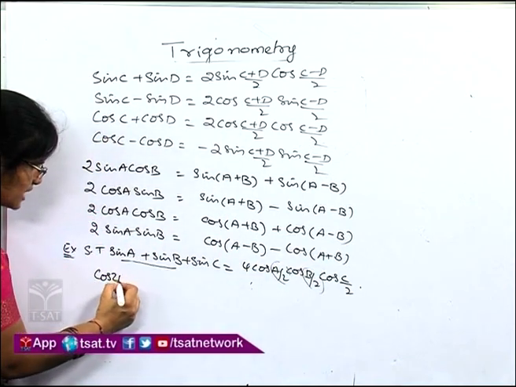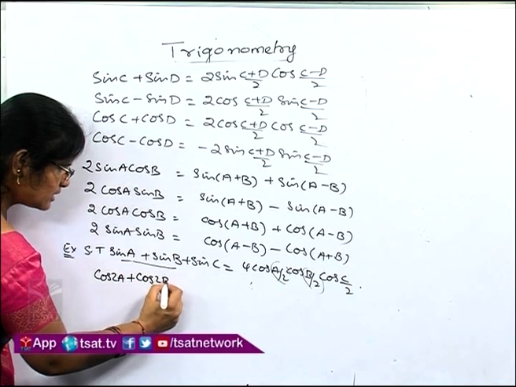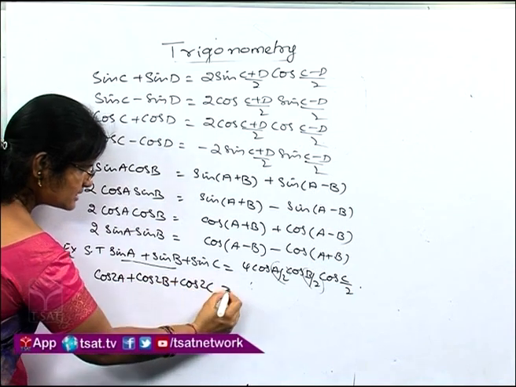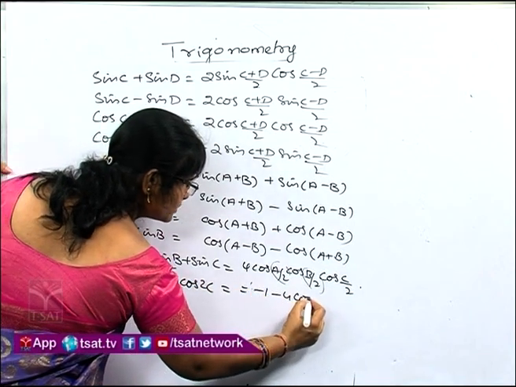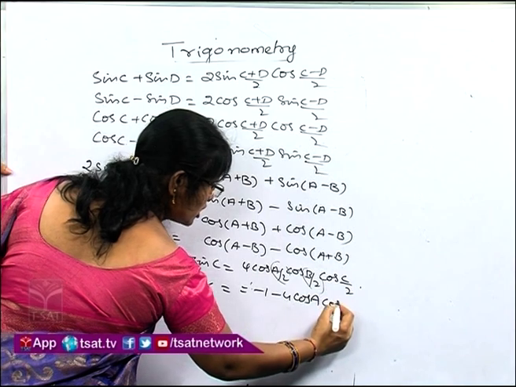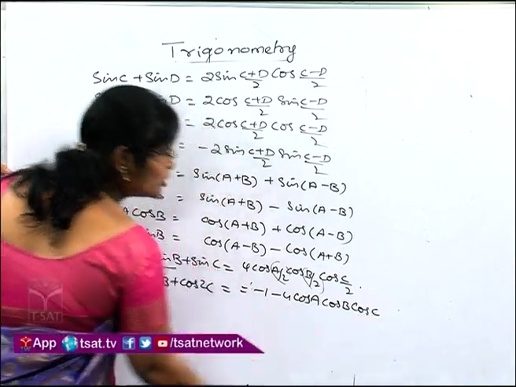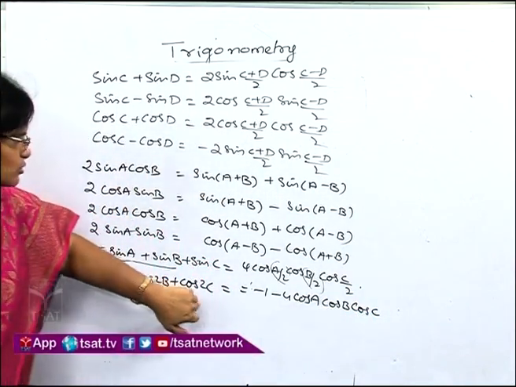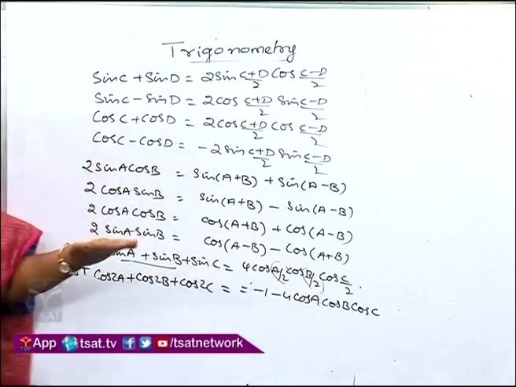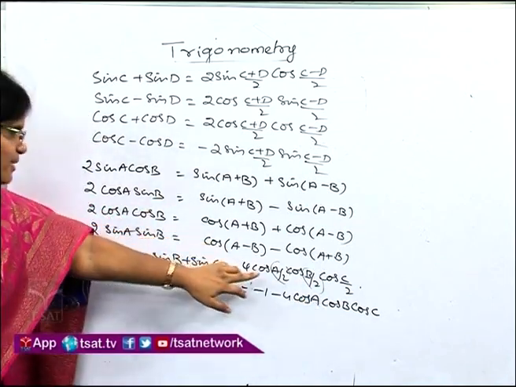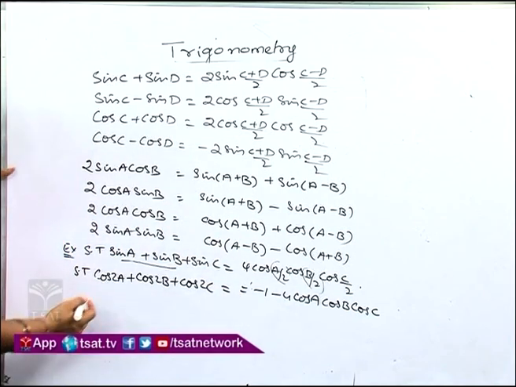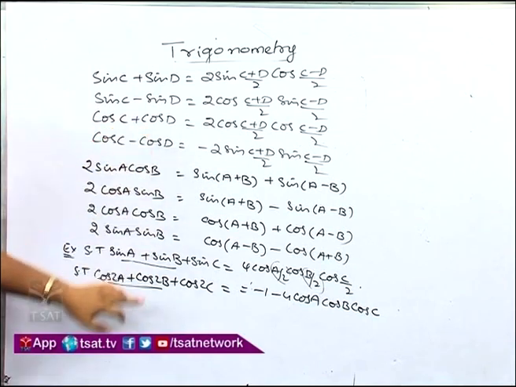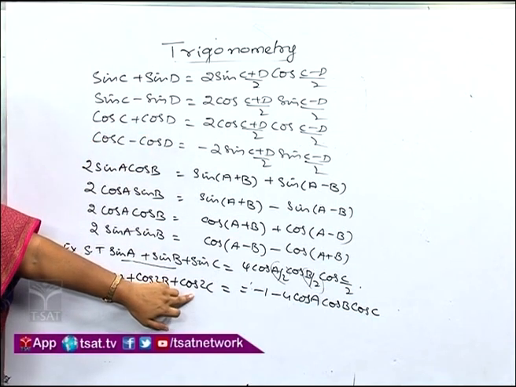Suppose cos 2A plus cos 2B plus cos 2C is there, show that the answer will be minus 1 minus 4 cos A cos B cos C. What do you observe, children? Here 2A, 2B, 2C is there, means here we get A, B, C, the half. If A is there, A by 2; if 2A is there, A. So you should observe carefully, children, and we will write the formula for the first two terms, cos C plus cos D. Next, we will write the cos 2 theta formula.